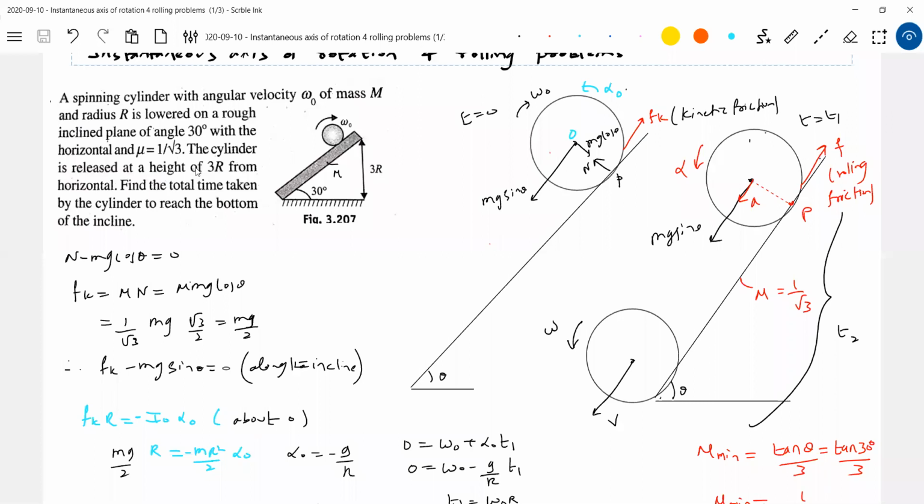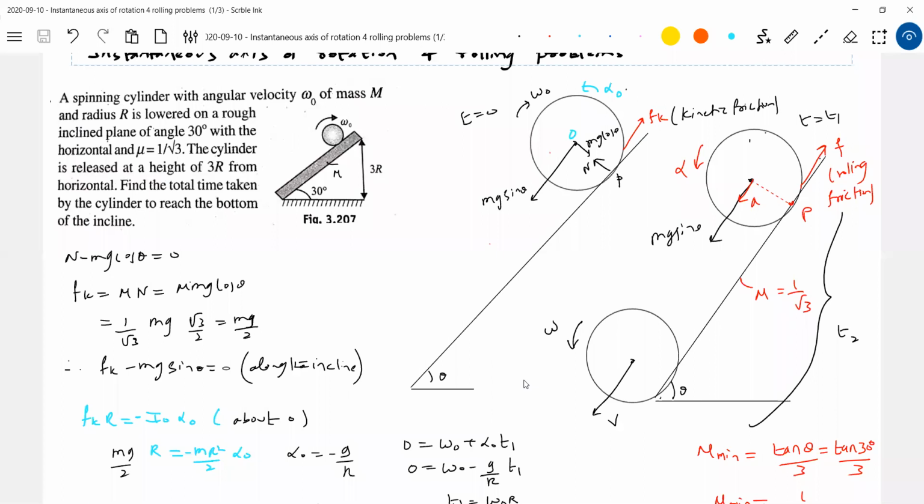No. Why are you troubling yourself with unnecessary thoughts? Sorry, sir. Understood. Just say, if I write mu s or mu k, then we could have debated. I didn't mention anything. Finish. So mu s equal to mu k depends upon the condition. If the body is sliding, you can still write the same thing.